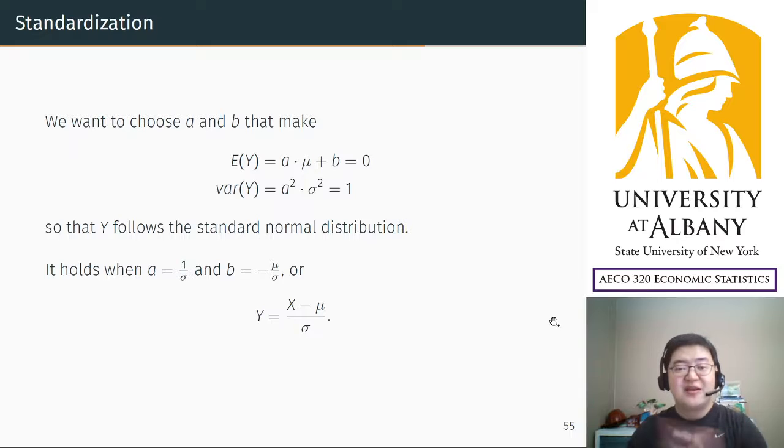This is the standardized score we learned in chapter 4. And it's easy to understand. You have to subtract the mean so that you are recentering the distribution around 0. You recenter, you make the center at 0, and then divide by sigma.